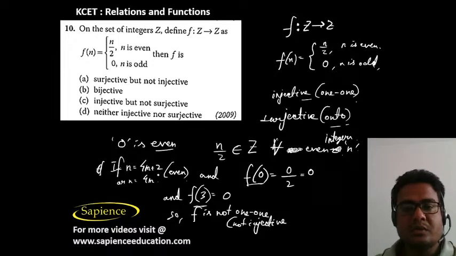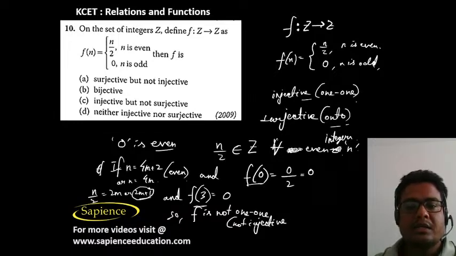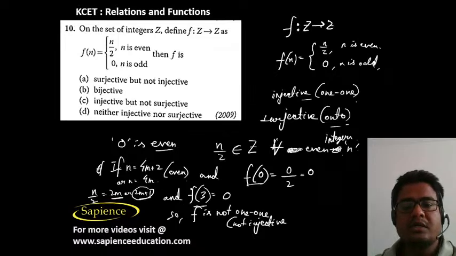And 4m plus 1 will be odd for any integer m. So n by 2 can be of the form 2m also, or it can be 2m plus 1 also. So it means that all the odd numbers also will get included and all the even numbers also will get included.